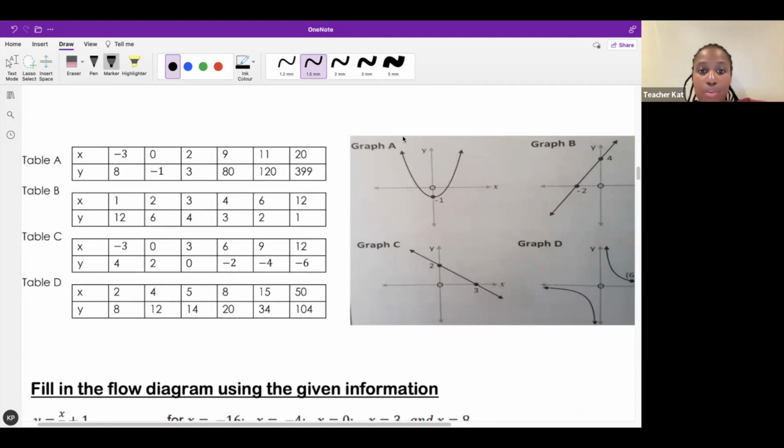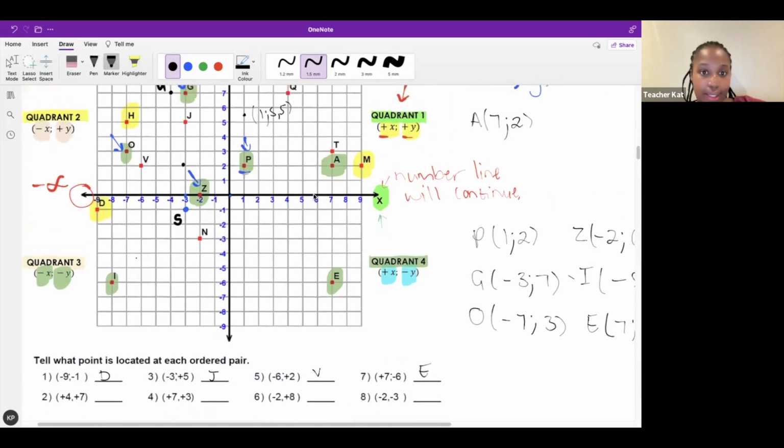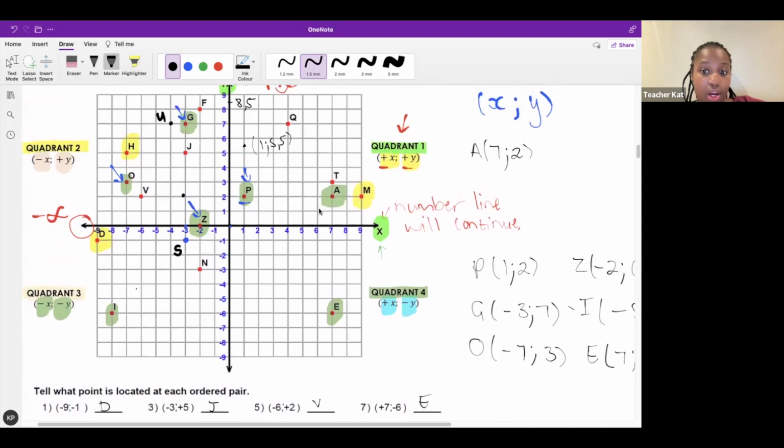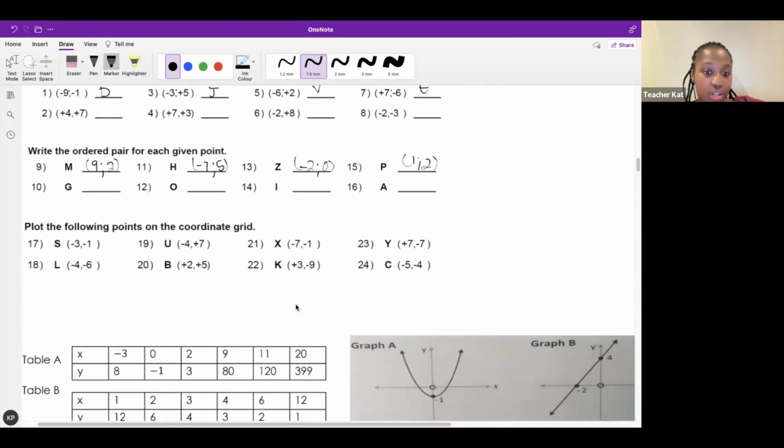So I have 4 graphs here, A, B, C, D, and 4 tables, A, B, C, D, and you guys need to match these graphs and tables, okay? On the Cartesian plane. Okay, I can't see where we're talking about. Okay, it should be fine though. You guys should be fine.